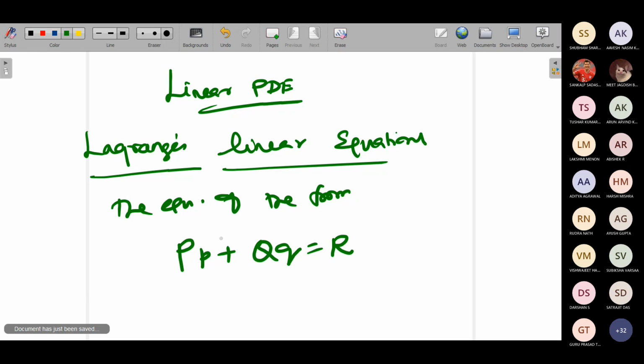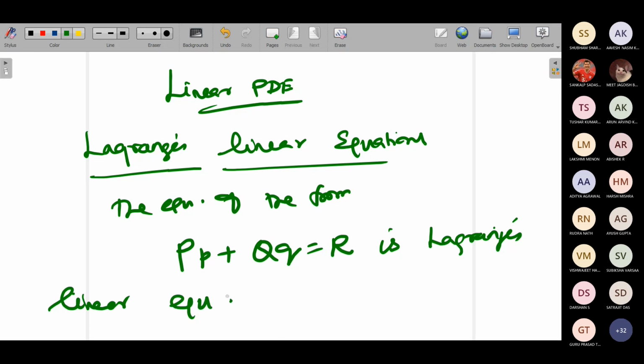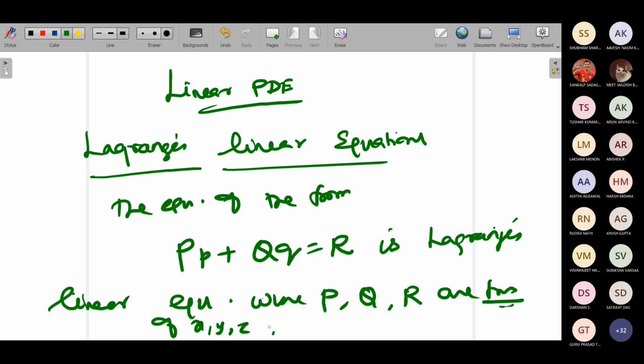The equation of the form Pp plus Qq equal to R is known as Lagrange's linear equation, where P, Q, R are functions of x, y, z.